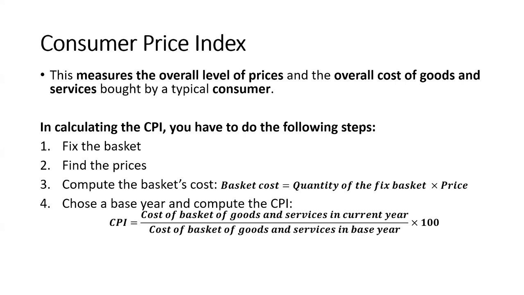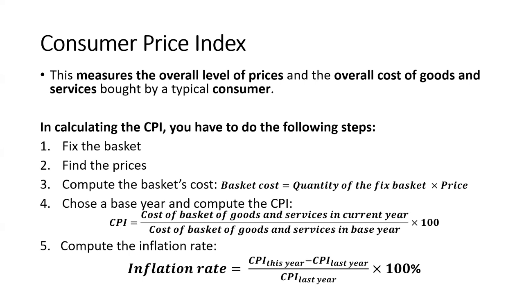After you compute the CPI, when you are going to measure the inflation rate, or the percentage increase of the price levels of goods and services, you simply use this formula.